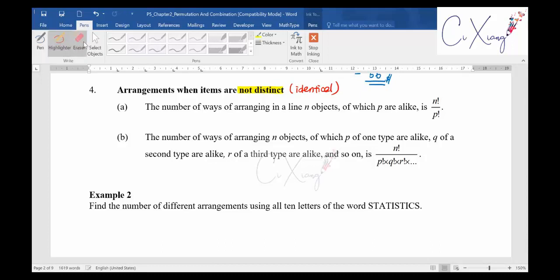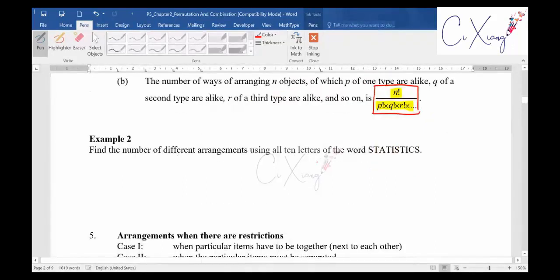Then when you want to calculate the number of arrangements, the formula is n factorial, the original number you have, divided by p factorial, where p is the number of repeated items. If you have more repeated items, you have n factorial divided by p factorial, q factorial, r factorial separately, where p, q, and r are the numbers of repeated items of different types. This is how we arrange items which are not identical.